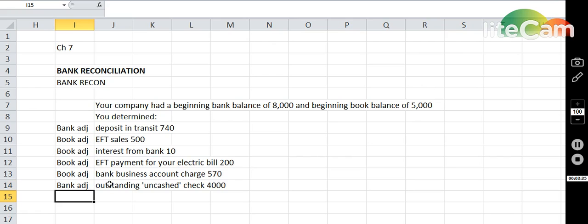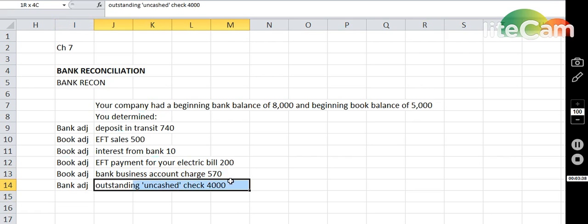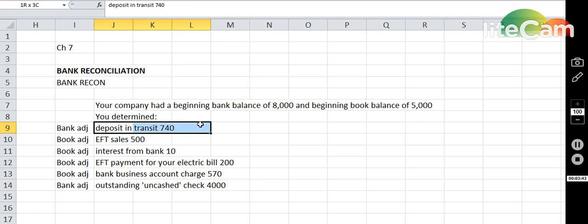So outstanding checks, these will always be bank adjustments. Deposit in transits, these are always bank adjustments. Okay, so these two are always bank. And then electronic payments, the banks always know about the electronic payments and the electronic deposits.